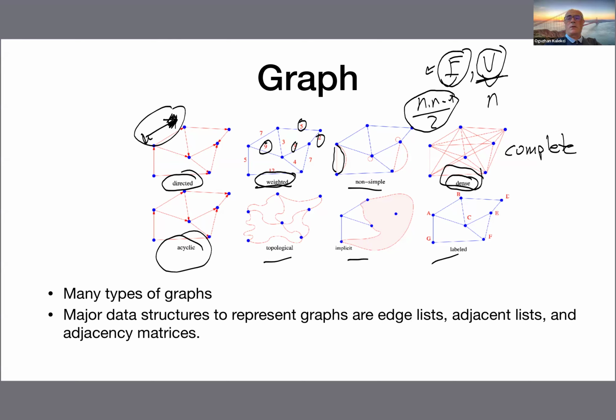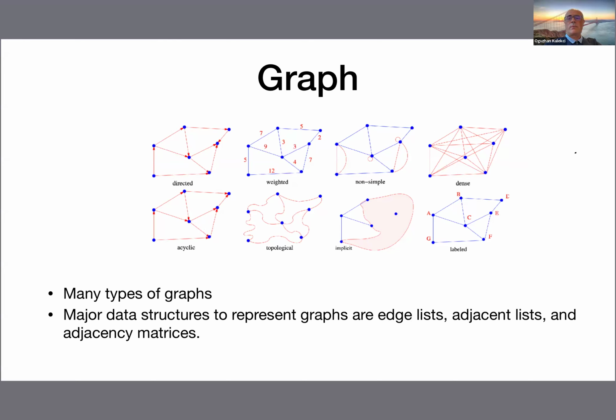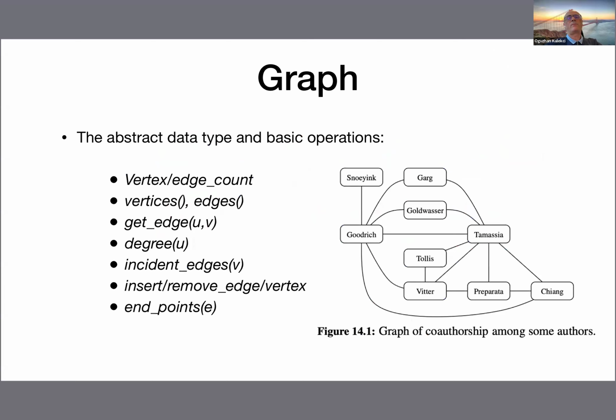But here we should remember how we can represent a graph. To represent a graph, we have mostly three types. Before going to those representations, I would like to talk a little bit about the operations that we have on graphs.